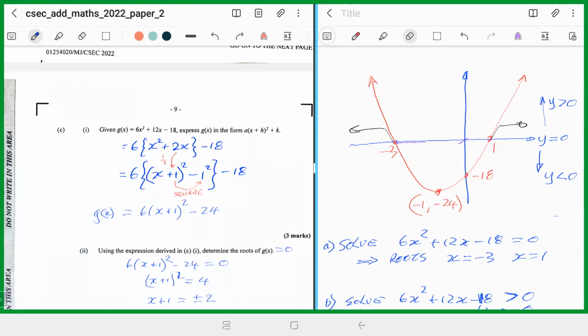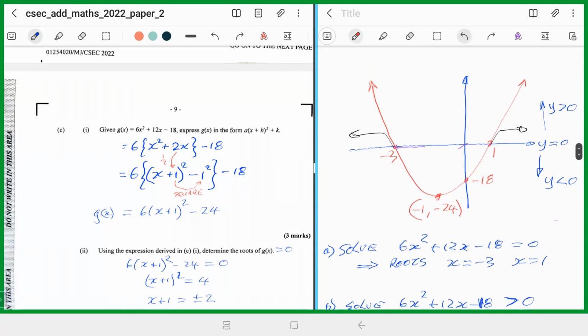You can take any x value. So the full graph, that's why I put the arrow up here. It goes up to infinity and goes up to infinity. What is the range of that function? The y values start from where and go to where?